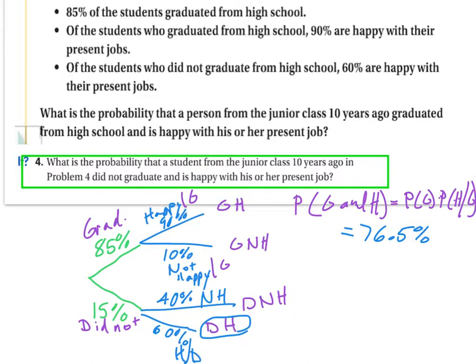So we just multiply the 15% by the 60% to get the probability that they did not graduate and they're happy with their job. So the probability of did not graduate and happy ends up being the 15% times the 60%, which is 9%.